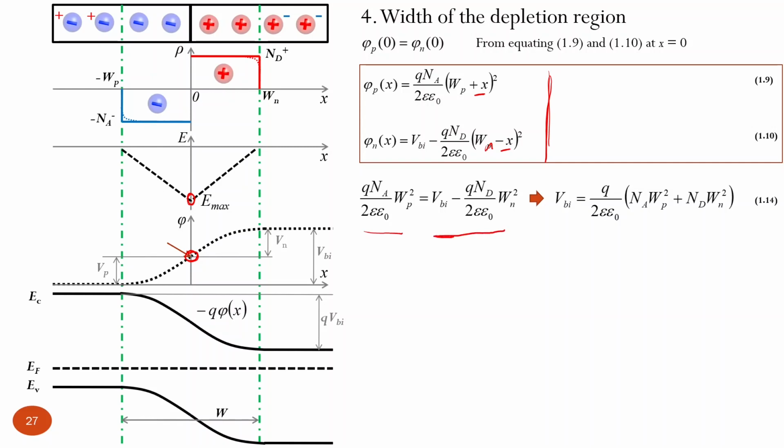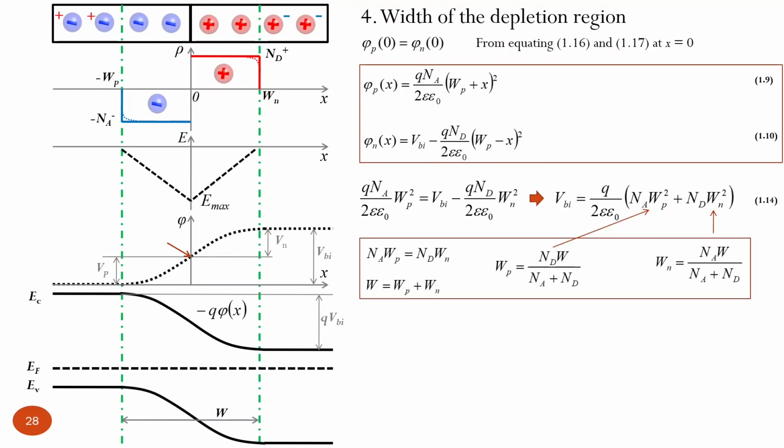From this equation we can express VBI in terms of the thickness of depletion regions in p-type and n-type, and also the concentration of acceptors and donors. Okay, but again I remind you our goal is to get the total thickness of the depletion region, because that is a practically relevant parameter.